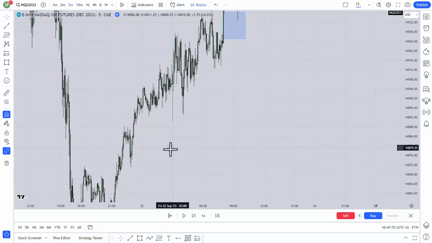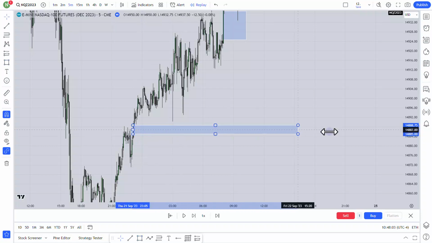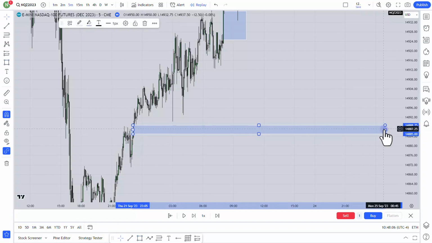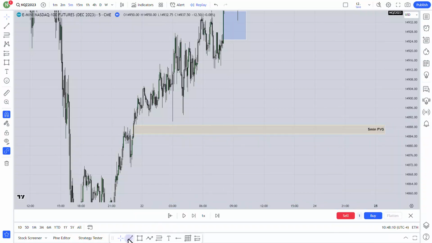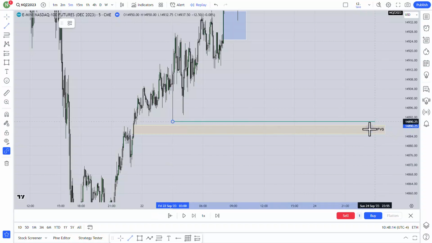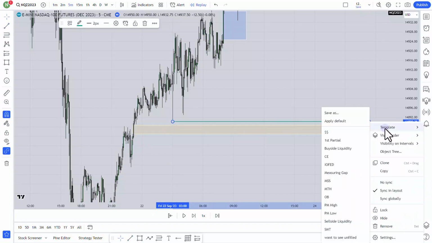On the 5 minute, you will see this is a very nice fair value gap. Let me just mark it as a live 5 minute fair value gap. And this is your sell side. You see relative equal lows. This is your sell side.